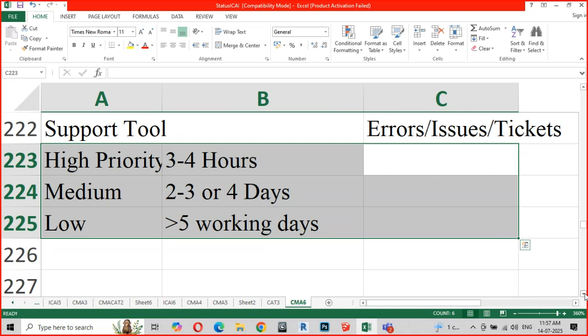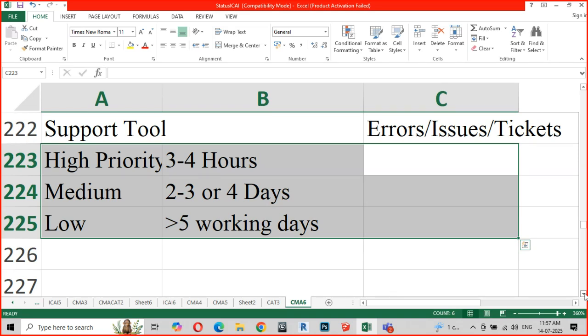So there is an agreement as to how these issues are handled once they have got raised in the system. And how does the implementing team know about these issues? Say, suppose my implementing partner is in the US. I am sitting in India and taking care of the support.